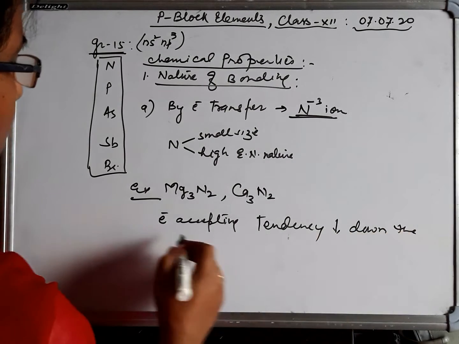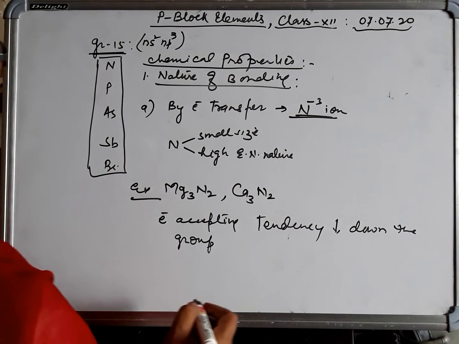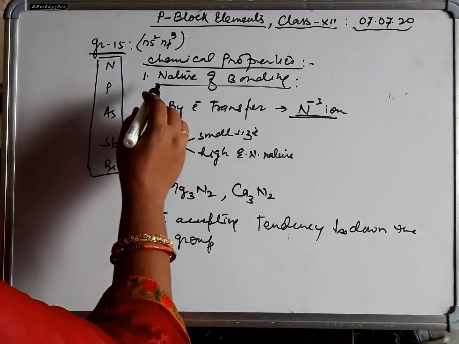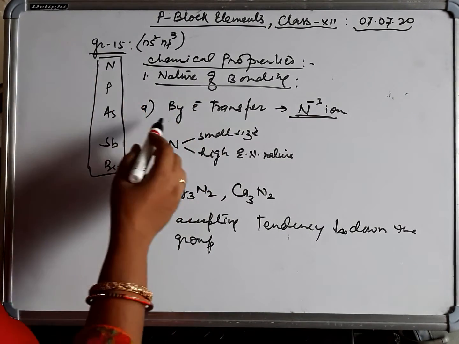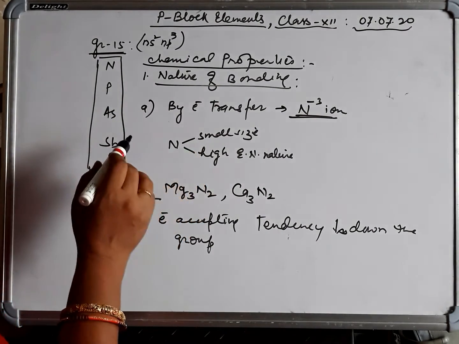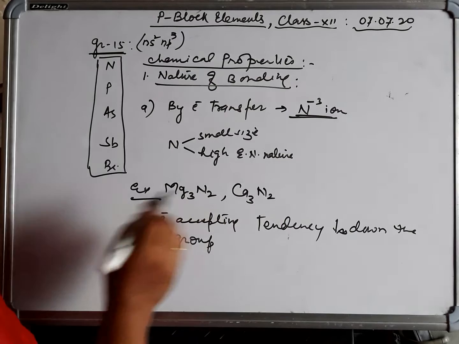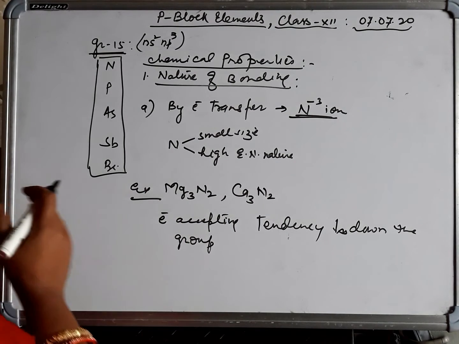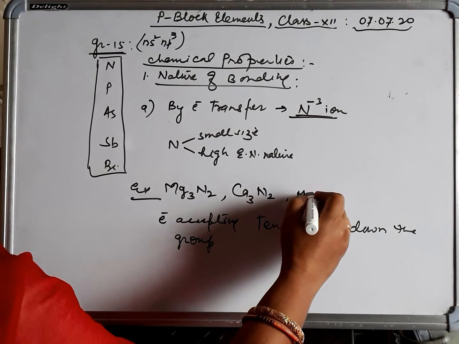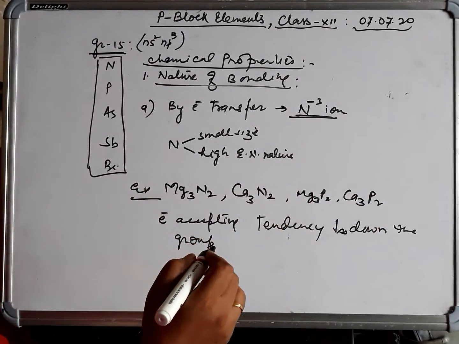So the first condition, nature of bonding: the members of this group, especially nitrogen, the first member, can form compounds by transferring electrons with metals. Other members also form compounds, like calcium phosphide and magnesium phosphide.